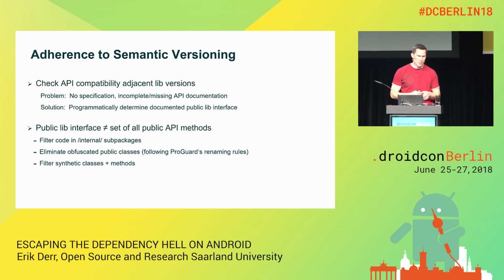For instance, if there are sub-packages named internal, like in the Facebook library. If you're using ProGuard to hide your internal code, then you have obfuscated class names, which can act as an indicator. So we follow ProGuard's renaming rules to filter those as well.